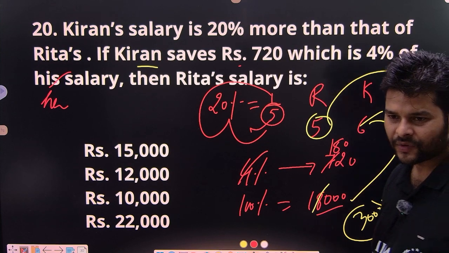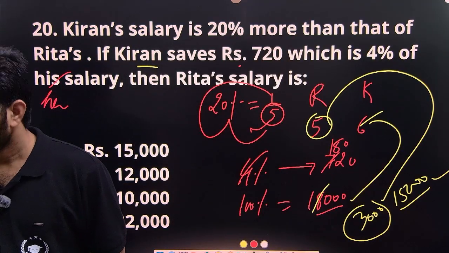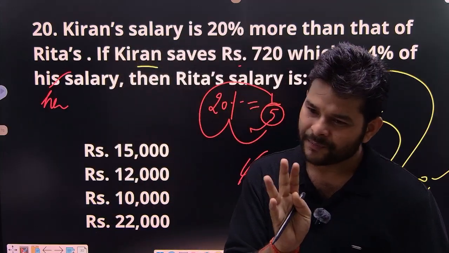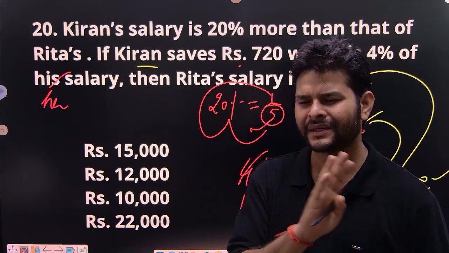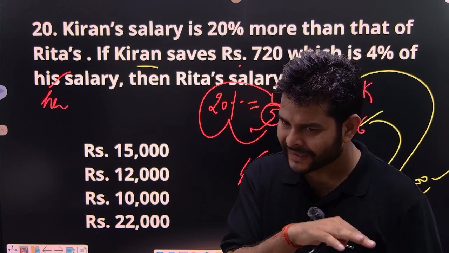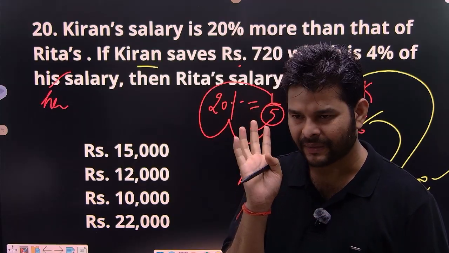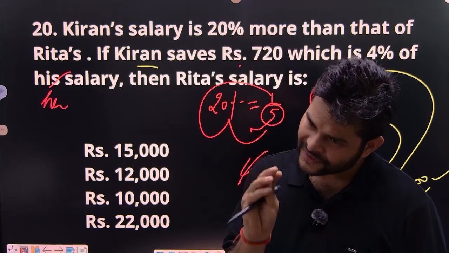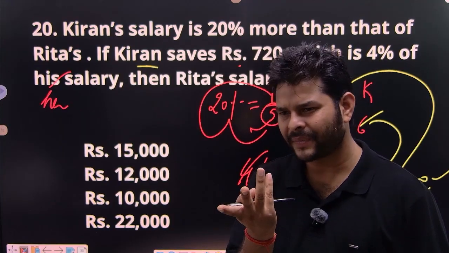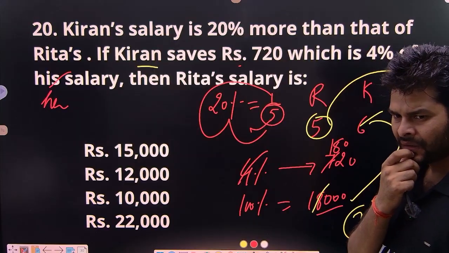If you have any problem, you can ask. Any doubt in that question you want to ask. A very simple thing that you need to remember always: the one which we are comparing with will be in the denominator. That's it. From the start of today's class, we are working on the same theme: the one which we are comparing with is in the denominator. So here we are comparing with the salary of Rita.